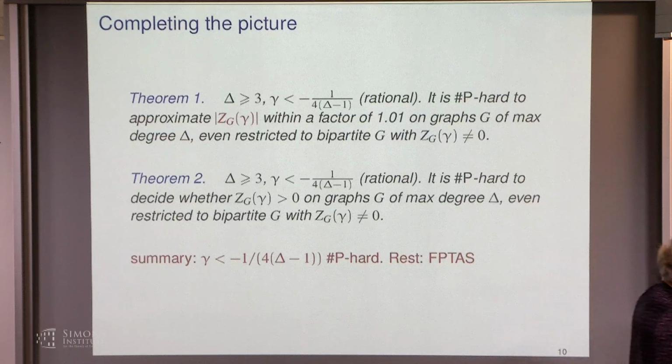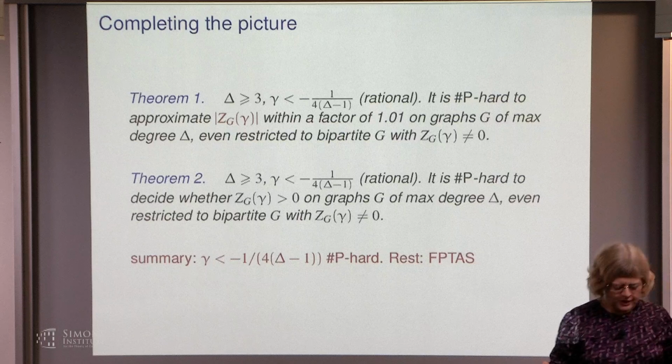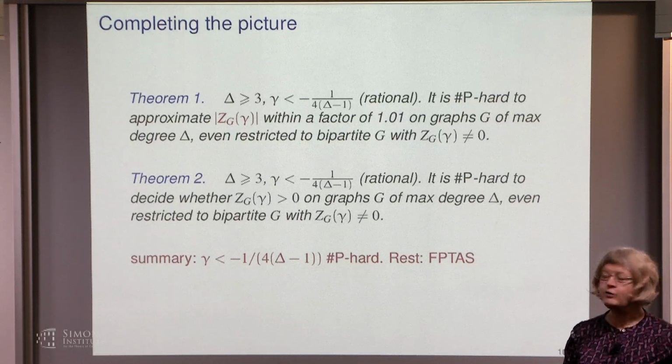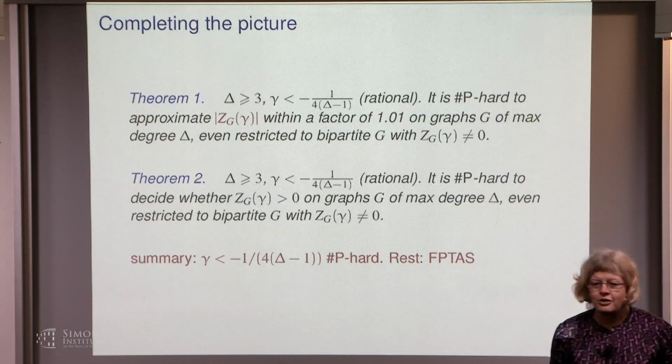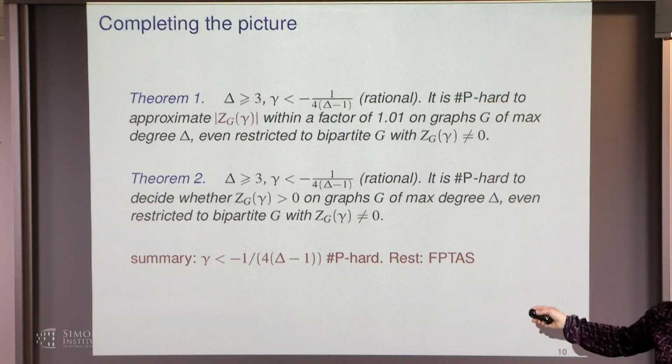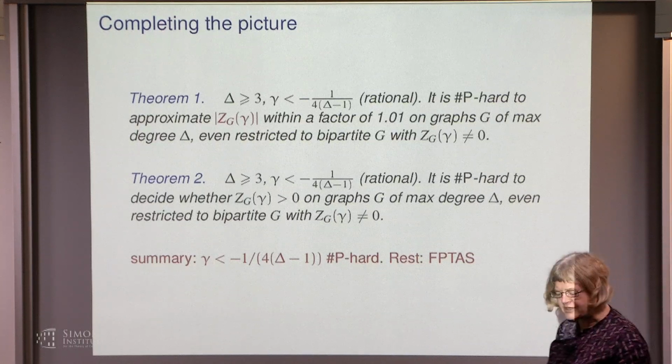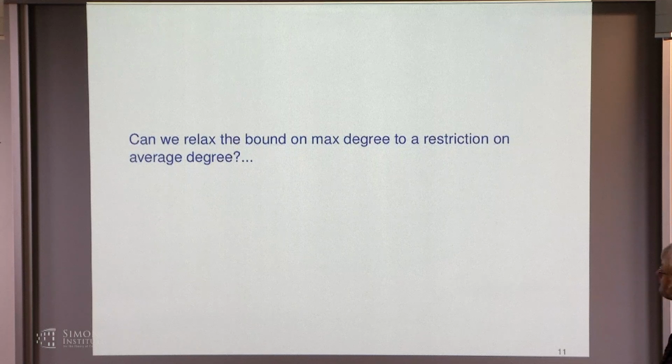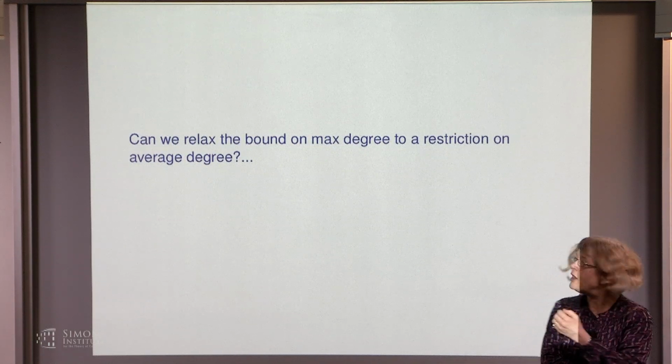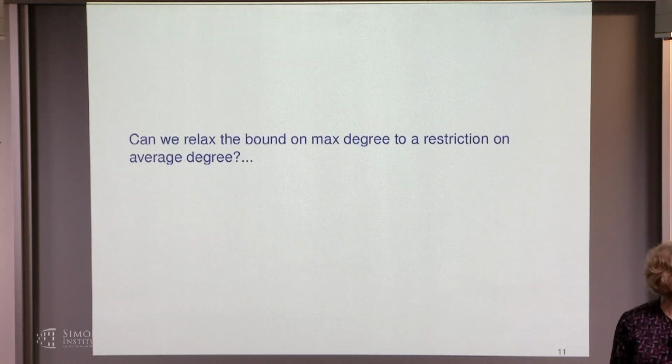Now, our actual objective in this paper was not to stick to bounded degree graphs, but to figure out how we could fill in the complex plane, and within the context of the complex plane, go beyond this. So I want to take a little excursion and talk about relaxing this max degree requirement.